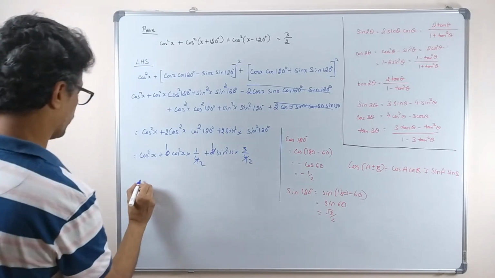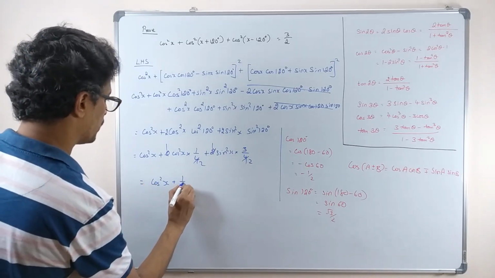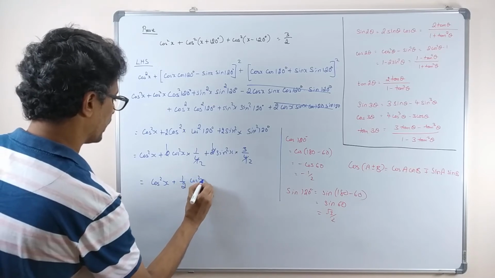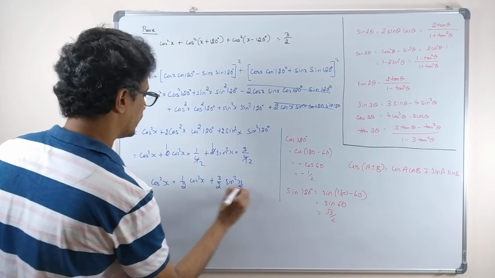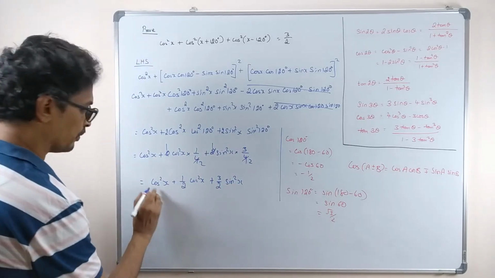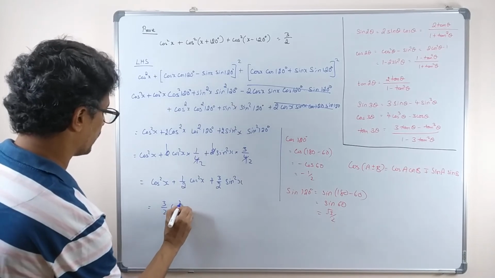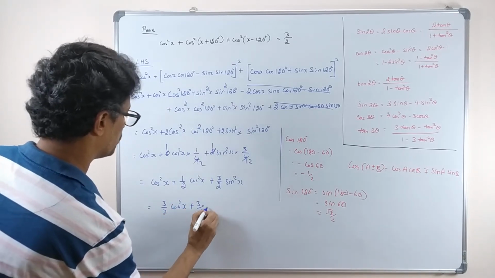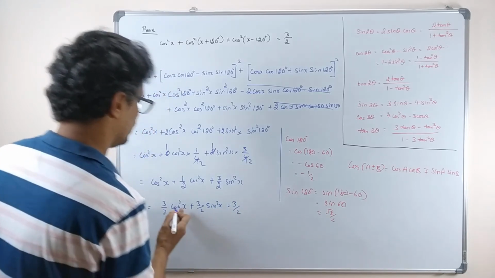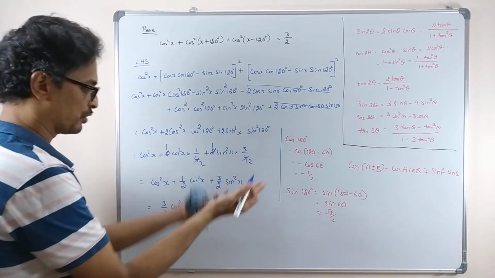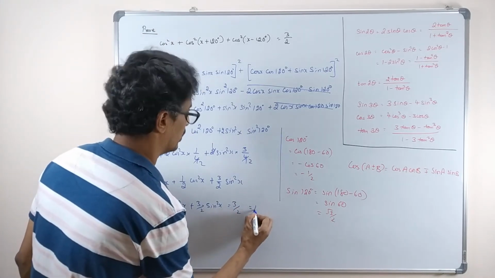So what we are having is cos square x plus 1 by 2 cos square x plus 3 by 2 sin square x. Correct? So when you add both, this becomes 3 by 2 cos square x plus 3 by 2 sin square x. Or this is equal to 3 by 2. Take cos square x plus sin square x equal to 1, and that will be equal to your RHS. Hence proved.